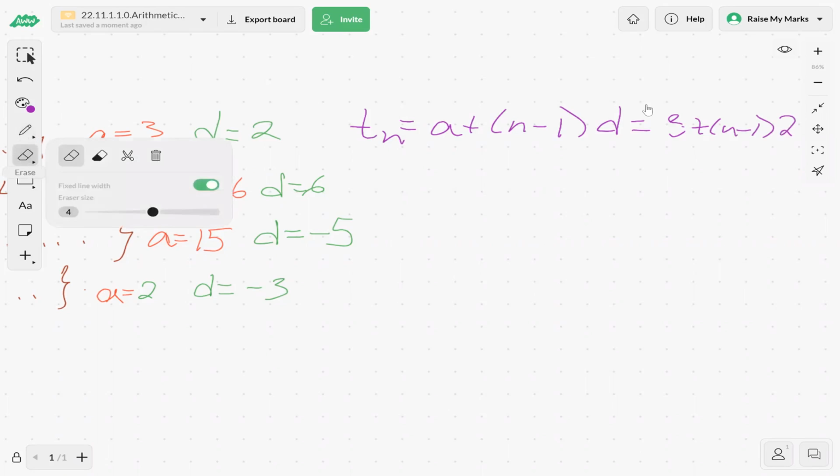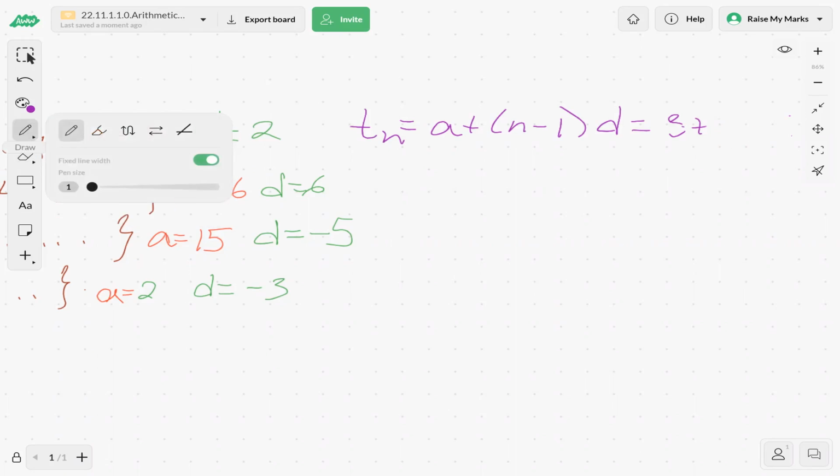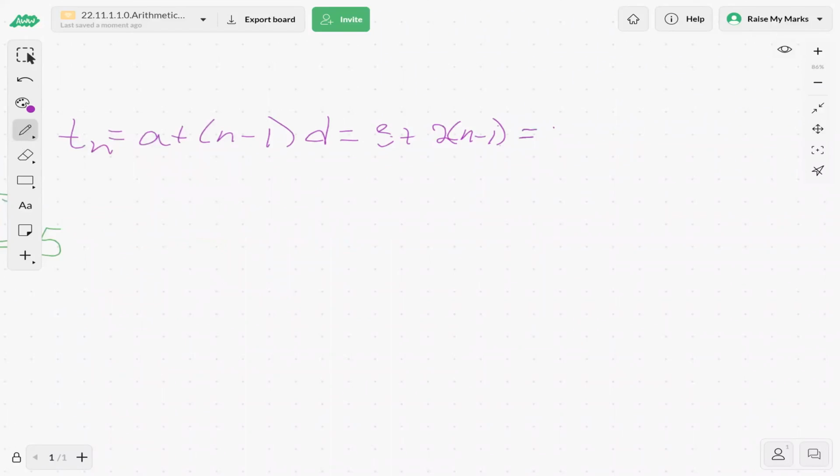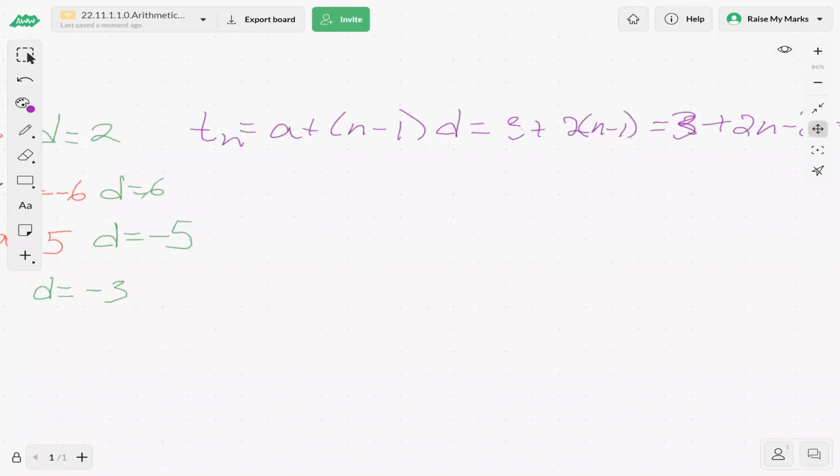Let's rewrite that as 3 plus 2 times (n minus 1). Can we simplify that a little bit? 3 plus 2n minus 2, which equals 2n plus 1. That's a general term. Good.